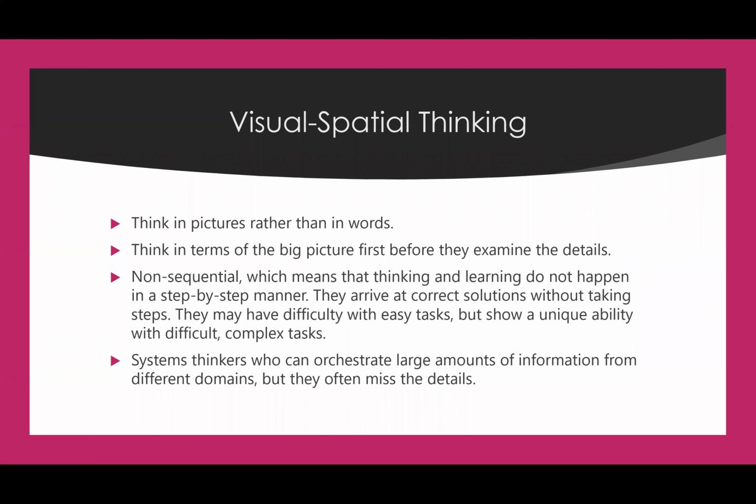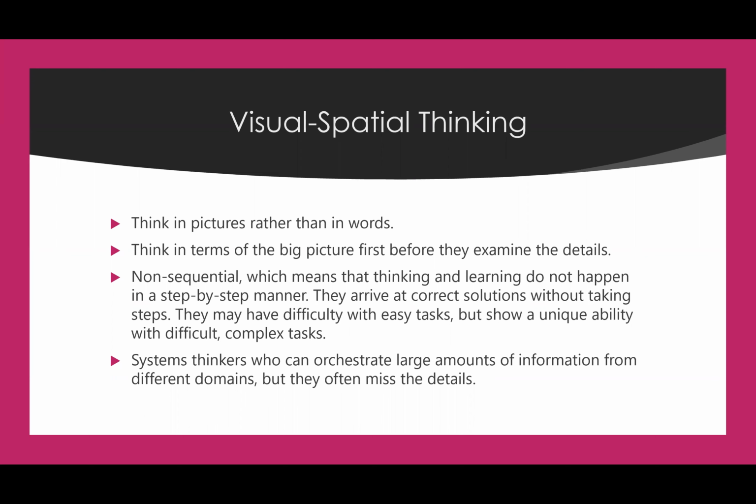So that means the details preceding the big picture may be too much for a visual spatial thinker. They tend to think big picture, big ideas, and then move down into the details later. And you may be working with people that are the exact opposite. So that can present its own set of problems, right? And so understanding how we think is really important to this.